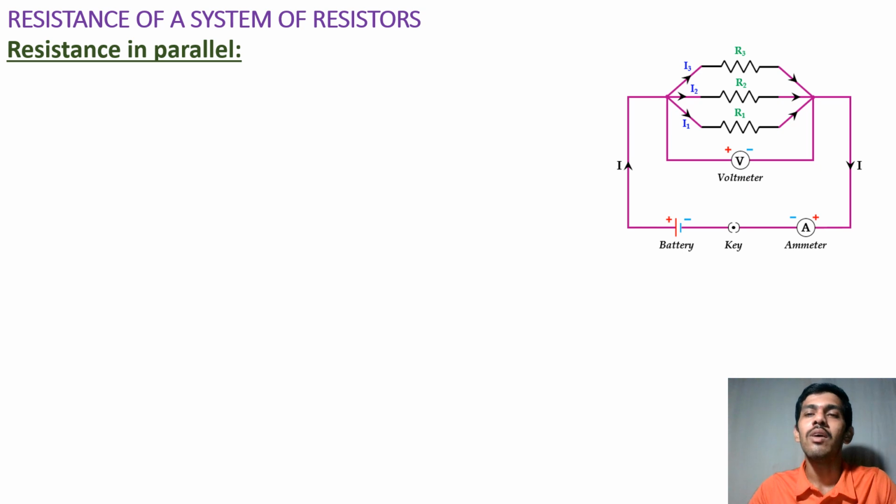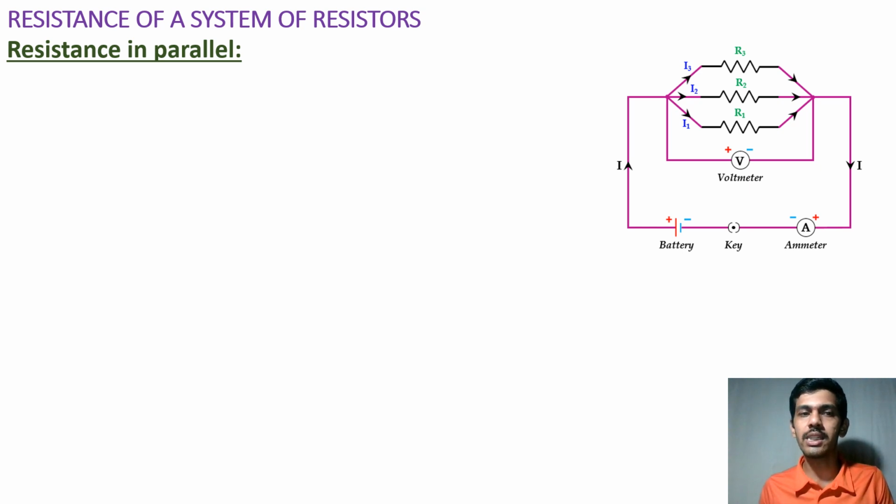Now here, what happens to the effective resistance in the combination of resistors, that we are going to discuss. We already have found the effective resistance in series combination, that is Rs equal to R1 plus R2 plus R3. Similarly, the value of Rp, that is the effective resistance of the parallel combination, we need to find out here. In order for that, we perform this experiment.